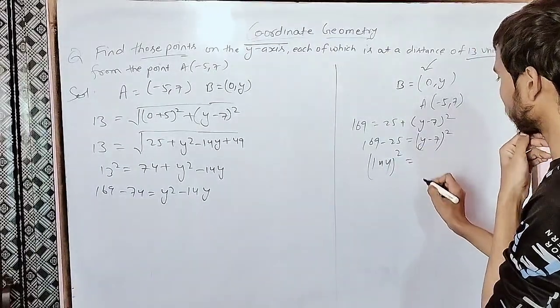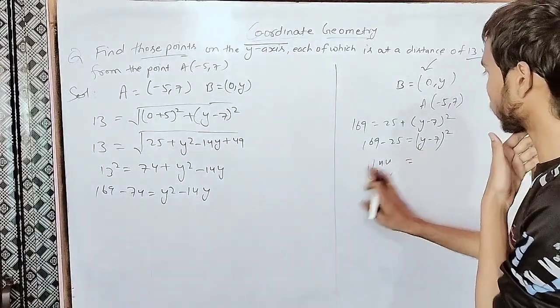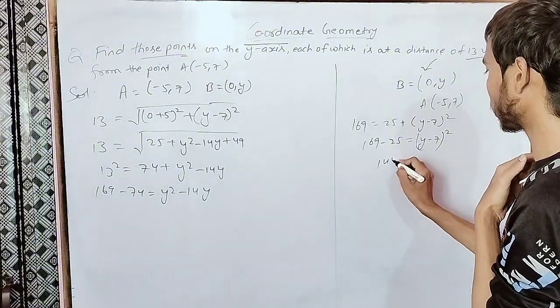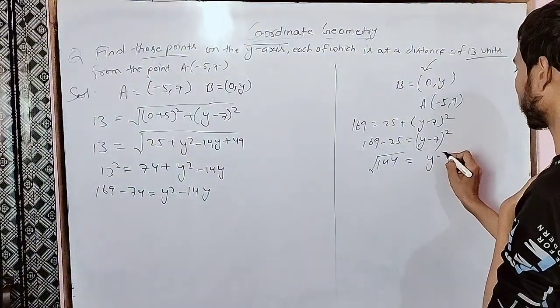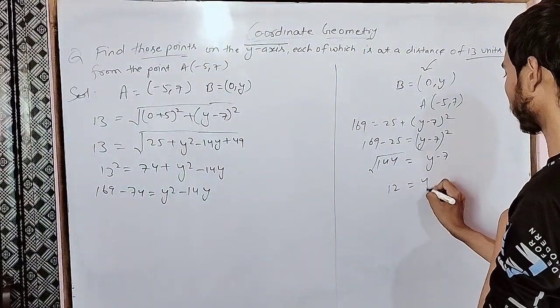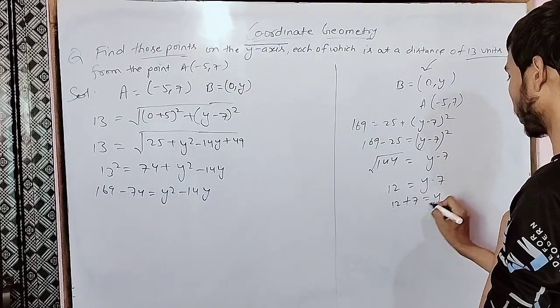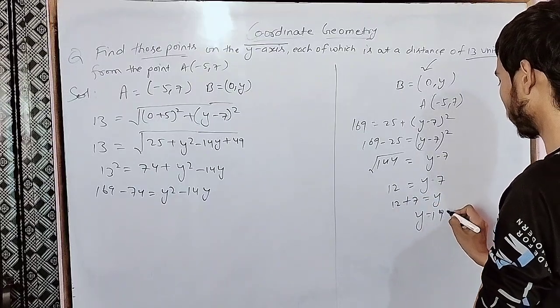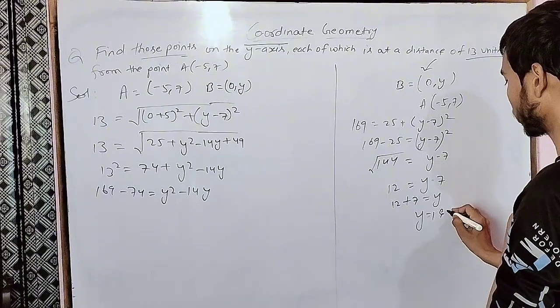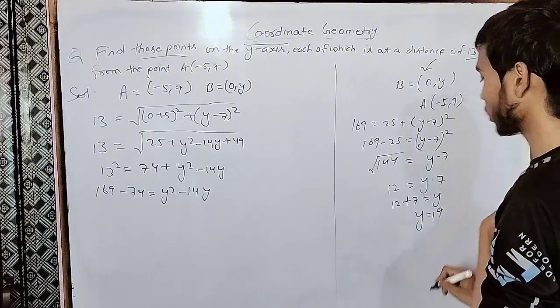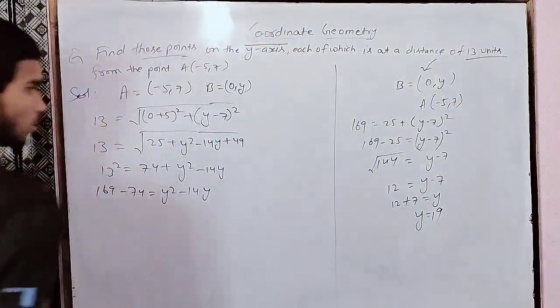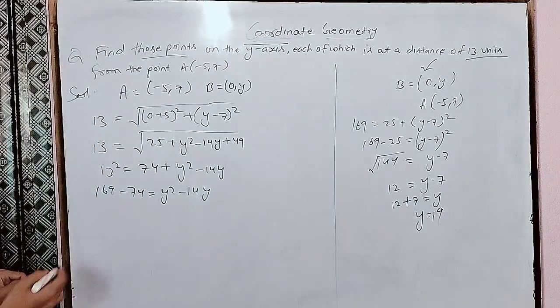Now this will come here. This 144 is under root. So y minus 7. It will become 14. Y minus 7. So here y, this is 7. Y is how much? 19. Y is 19. From this method, y is coming as 19.